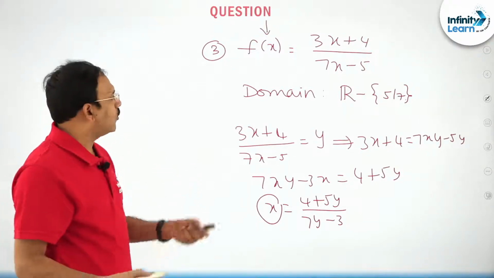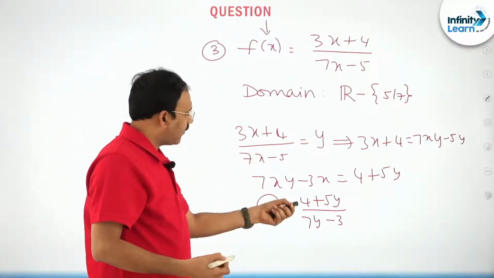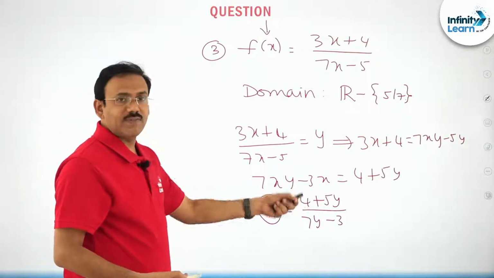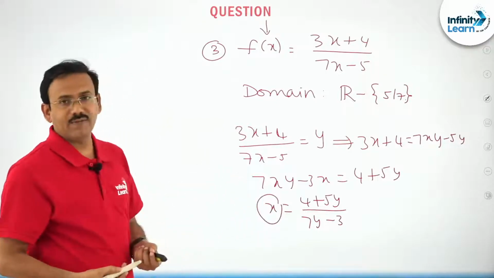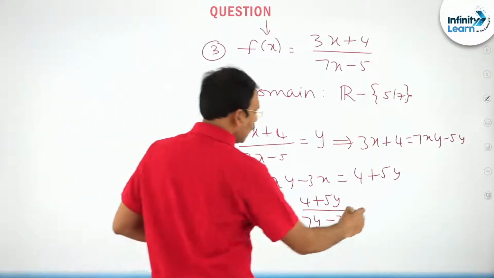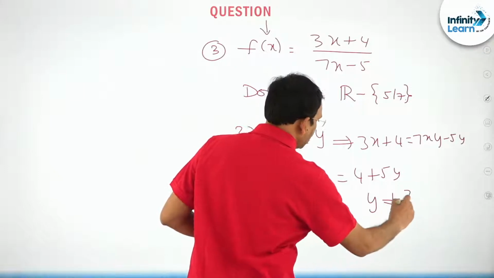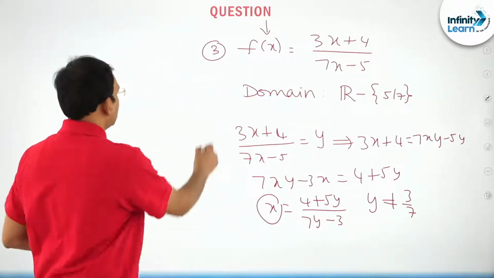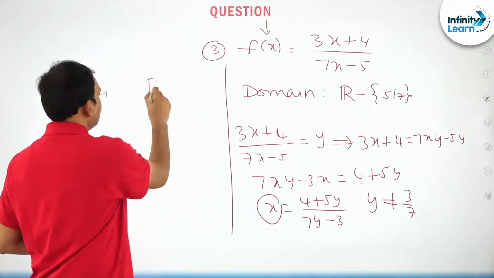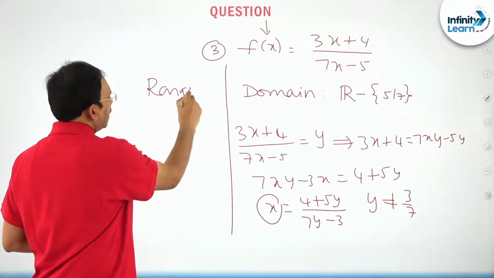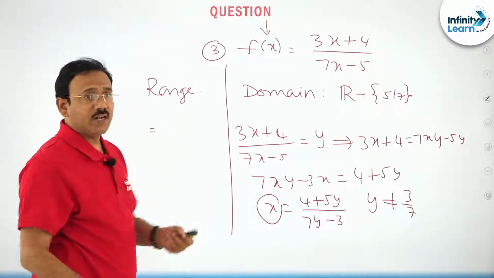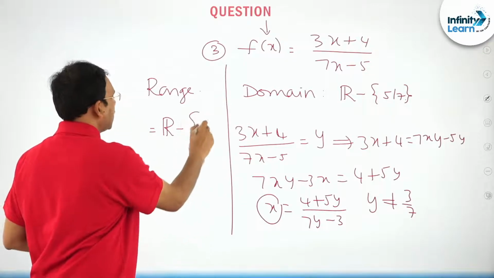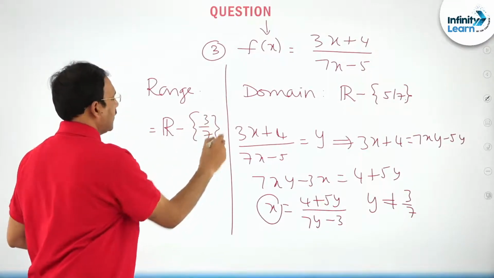So whatever output you want as y, our x is ready, but I can't get y equal to 3 by 7 because the corresponding x is not available. So, friends, y cannot be 3 by 7 for real x. So the range of this function means you will get every real number as output except 3 by 7.